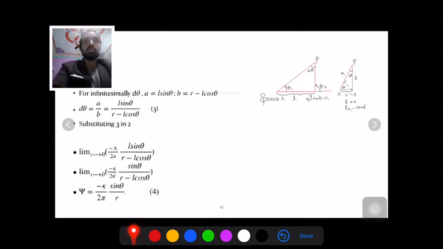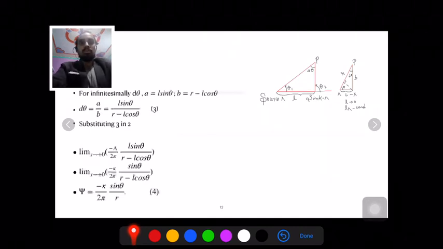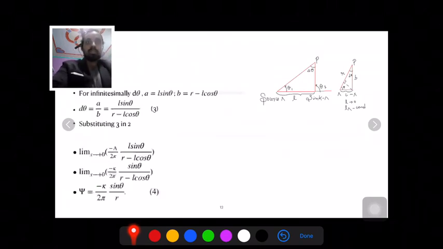Now what you have to do is substitute the value of d theta in that equation we had before, right? So basically minus lambda by 2 pi L sine theta by R minus L cos theta. It was minus lambda by 2 pi d theta, so just substitute the value, you are going to get this.